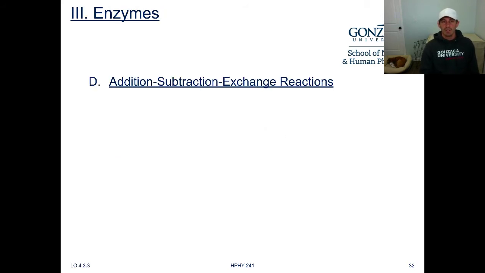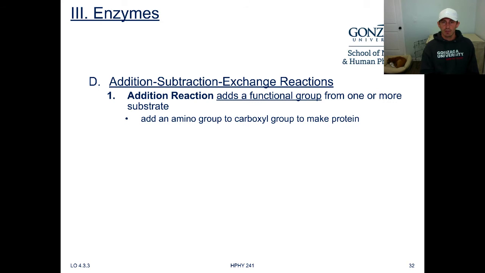Okay, moving on to addition, subtraction, and exchange reactions. When we talk about these reactions, we're talking about a functional group. What I mean by a functional group is we're not just exchanging an electron, or adding a carbon, for example.